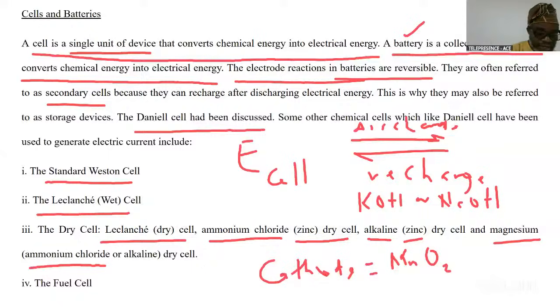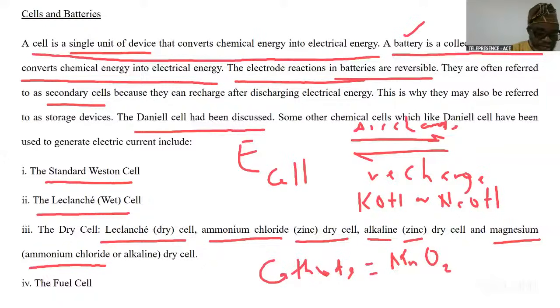You have the zinc rod here, which is the anode, and you have the carbon plate, which is your cathode, surrounded by powdered carbon and manganese(IV) oxide.